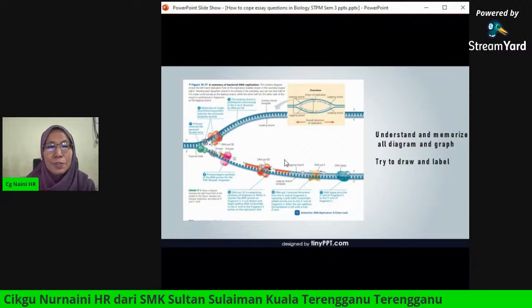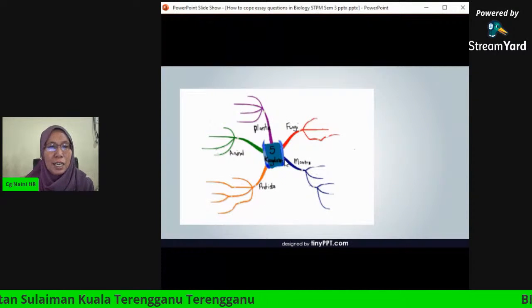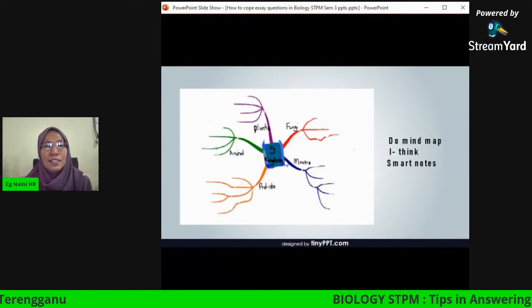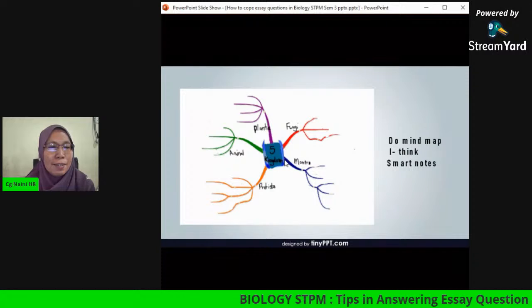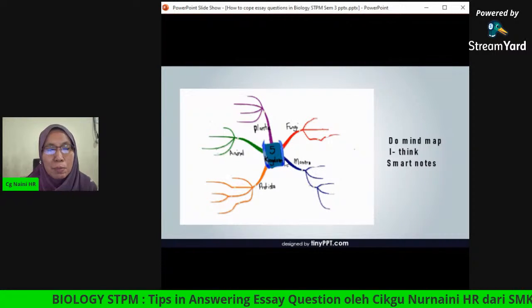Try to draw and label. And to memorize easier, you can do a mind map, IT map, smart notes or whatever to memorize better.